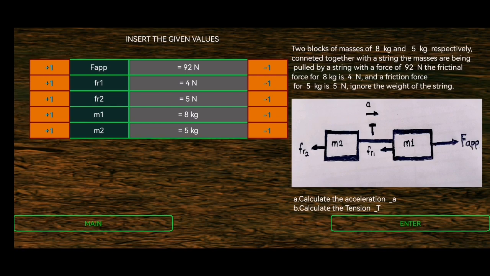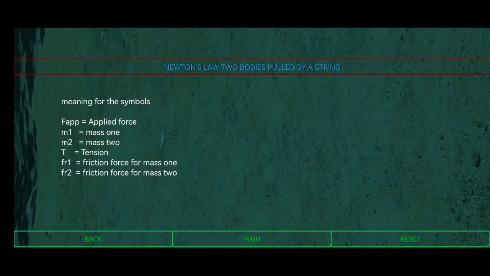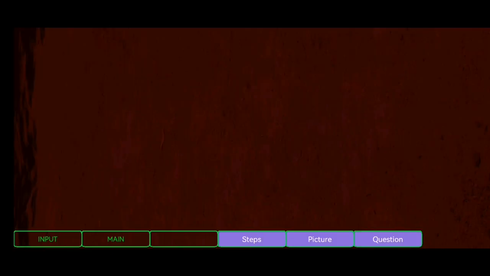And then let's see. To calculate it, we are starting with mass one.